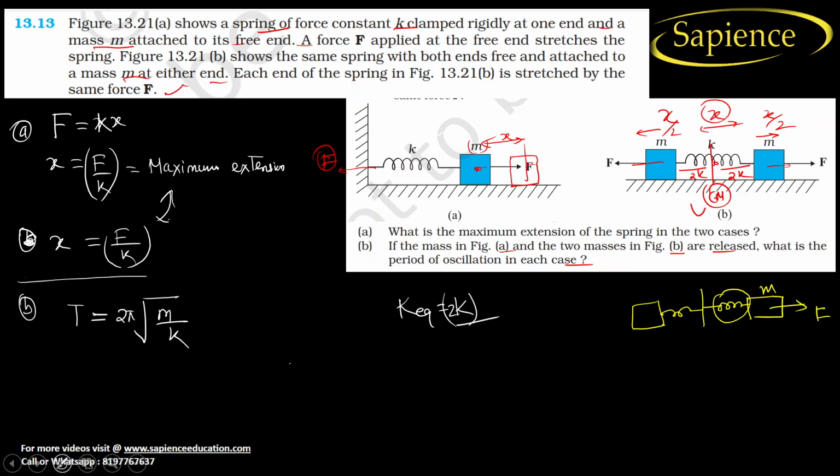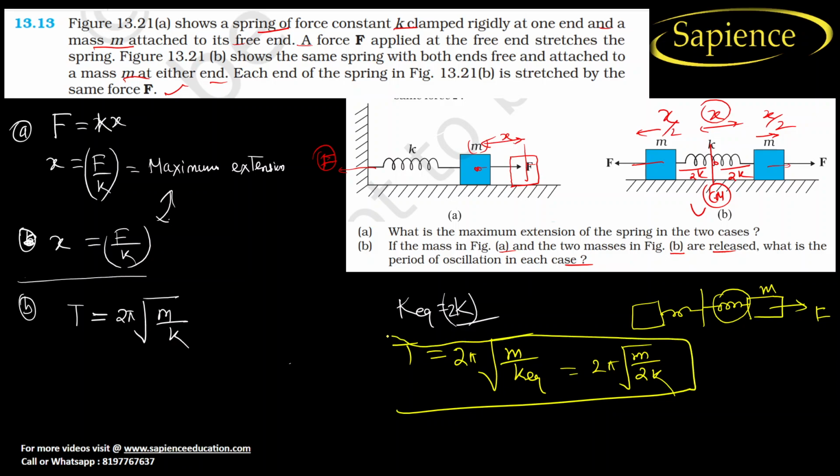Now the time period for case 2 is T equal to 2 pi root under m by k equivalent. Putting the value of k equivalent, we get m by 2K. So this is the required answer. I hope you have understood this one.